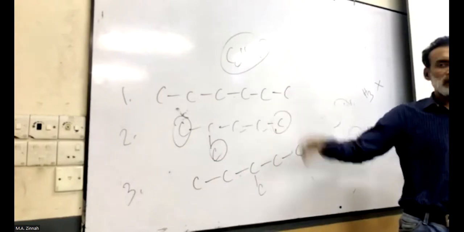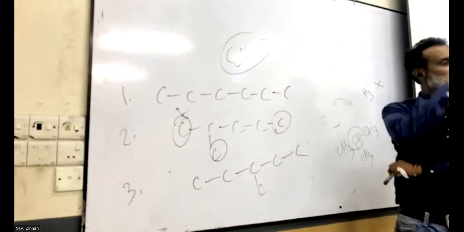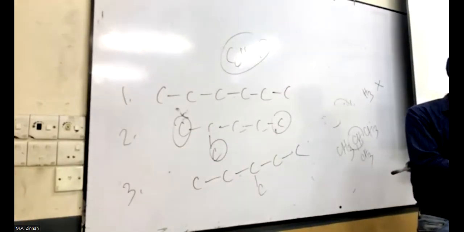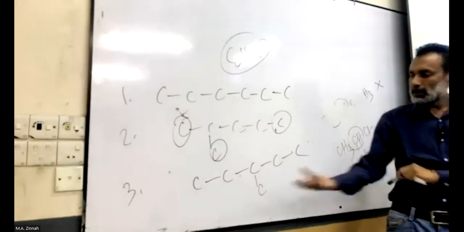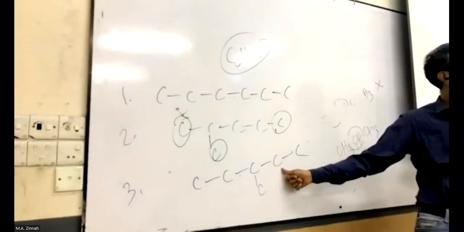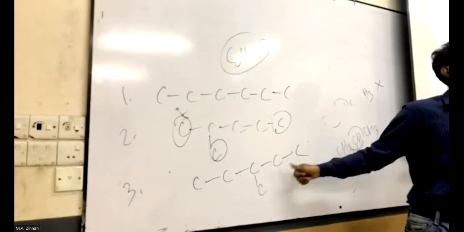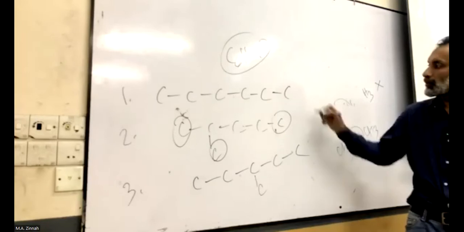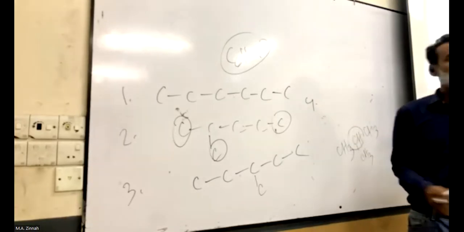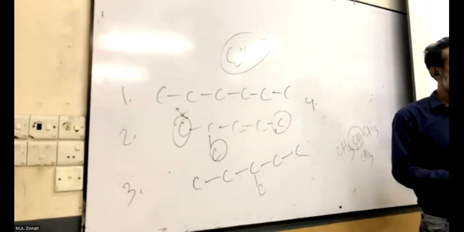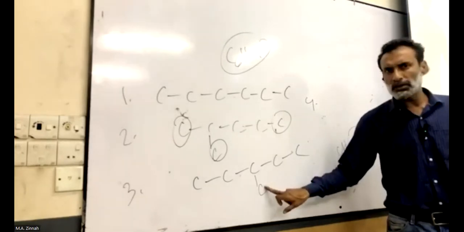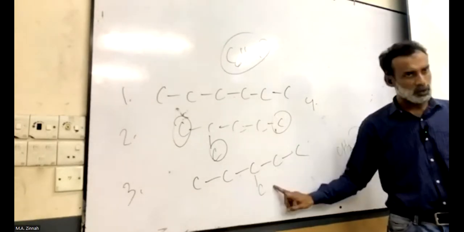Sir, fourth carbonও কি দেয়া যাবে? Okay, this is a good question. I was expecting a question. একজন কোশ্চেন করেছে, should this be on this carbon to make another isomer? বলো দেখি, if I want to make another isomer, I just have changed this position from this carbon to this carbon.